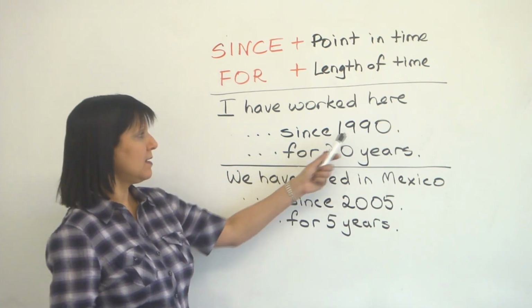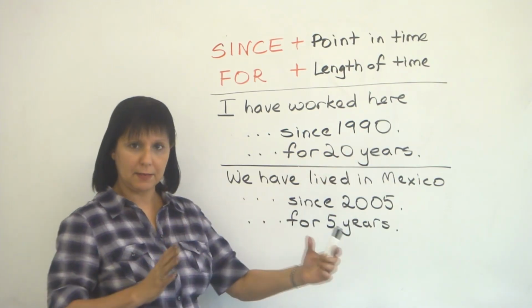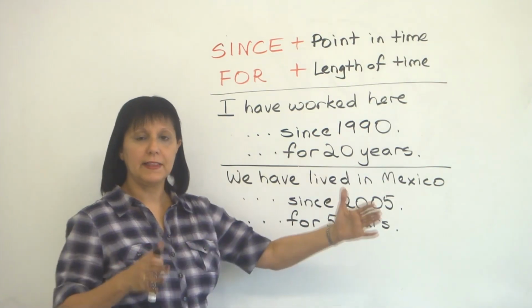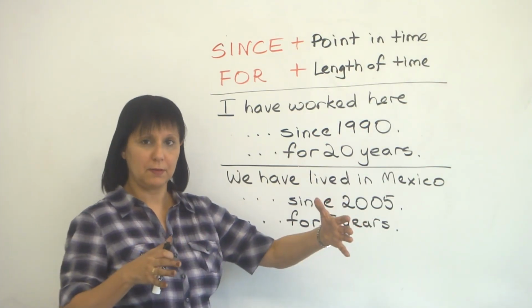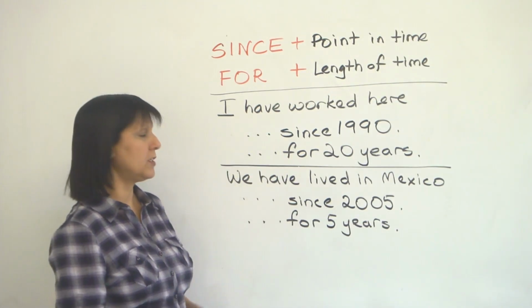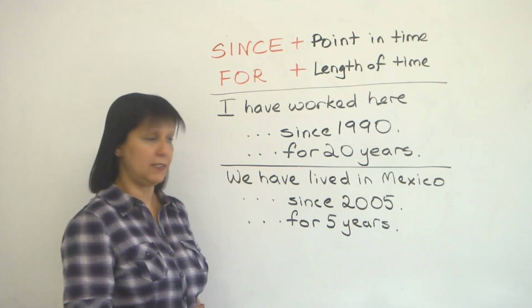You see, since plus the point in time, the beginning when that became true, and for plus the actual length of time or period of time that statement is true. So I have worked here since 1990. I have worked here for 20 years.